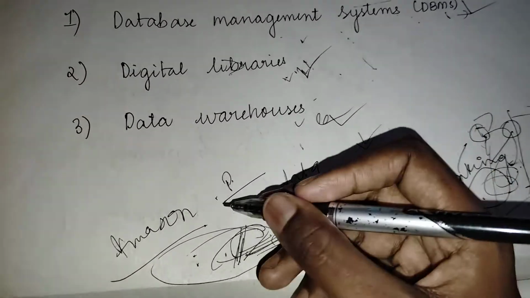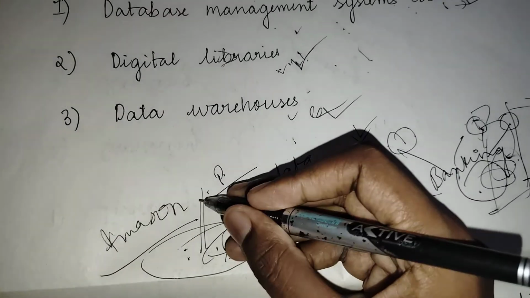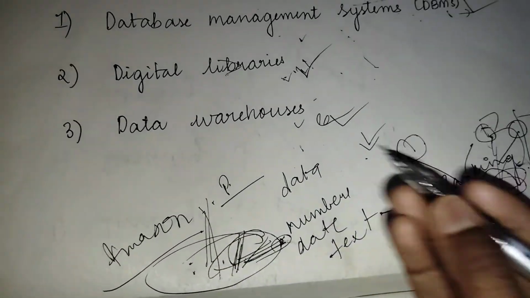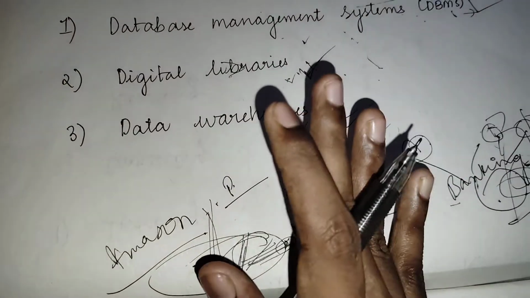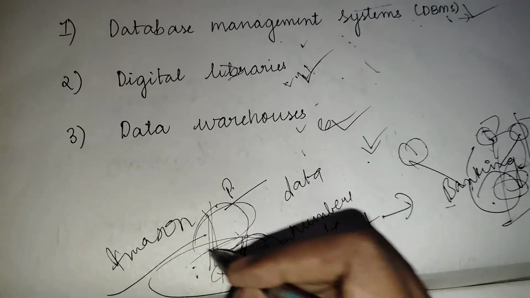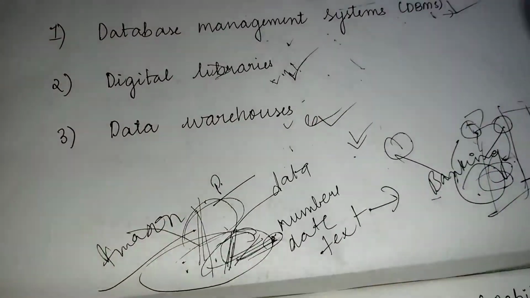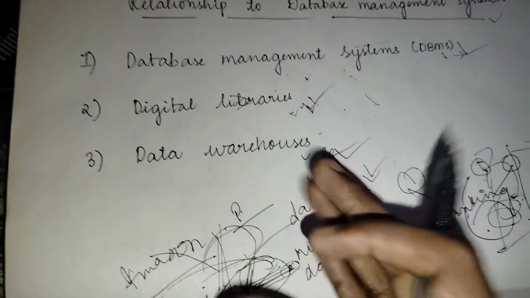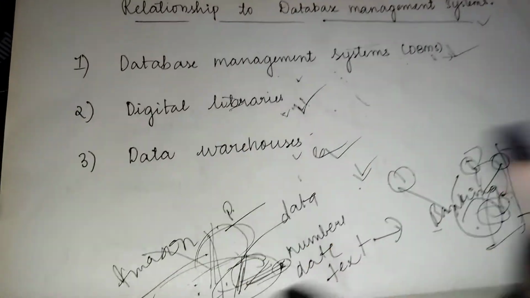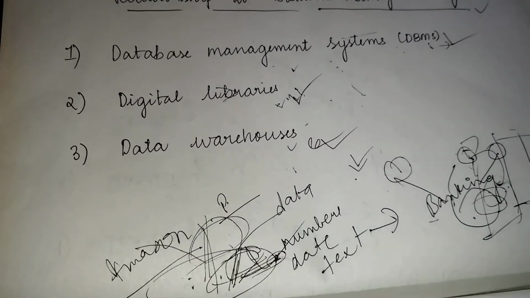Like if we have some Diwali sale, what happens? They put up all the things, right? And they make informed business decisions. So the data warehouse organizes and stores the information in a way that makes it easy to retrieve and analyze, so the customer doesn't receive the delivery late. That is data warehouses.